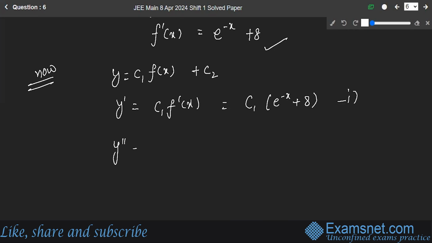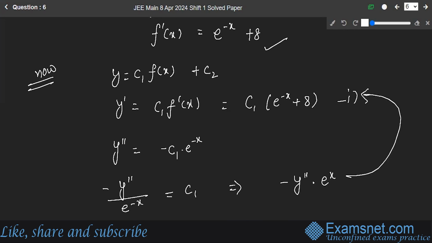Now differentiating again, y double dash will be given by minus c1 into e power minus x and 0. So you will have y double dash equal to minus c1 e power minus x, or c1 will be equal to minus y double dash into e power x.